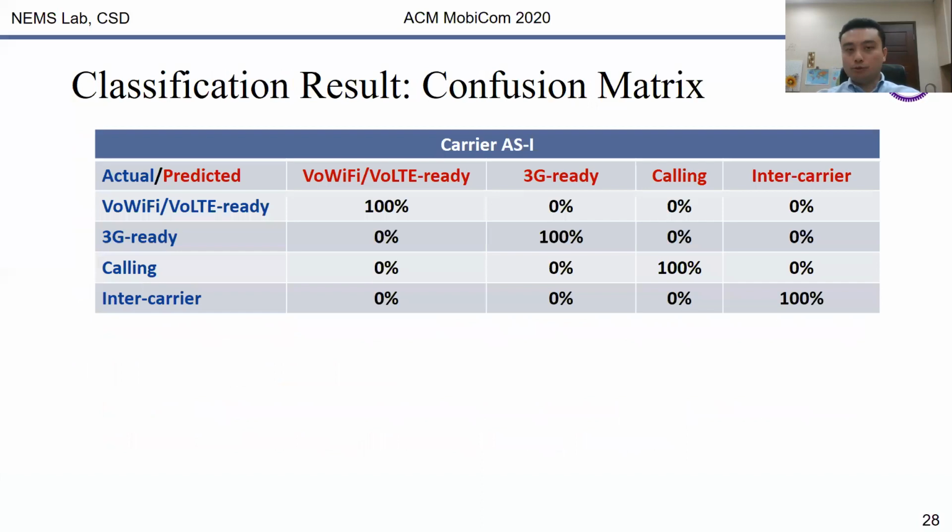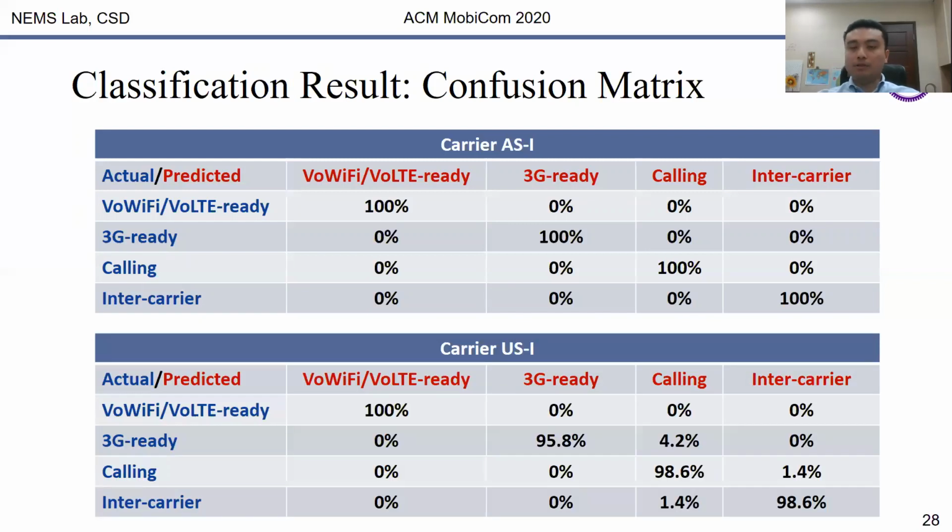For the classification result for carrier AS1, these 4 categories can be differentiated based on the deterministic SIP message content, so the accuracy is 100% for all 4 categories. For US1, they are differentiated partially based on non-deterministic message intervals, so they are not completely differentiated. They have small errors, but we can still use multiple tries to reduce the error probability to below the threshold.